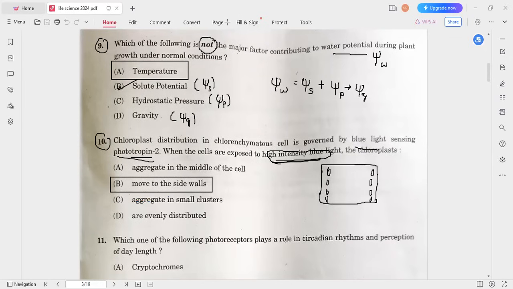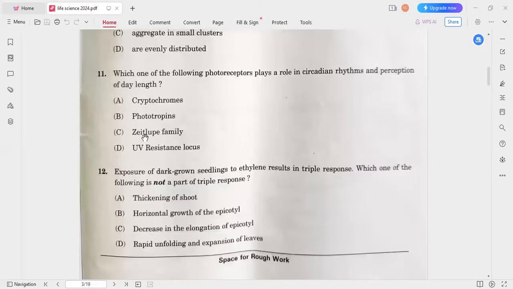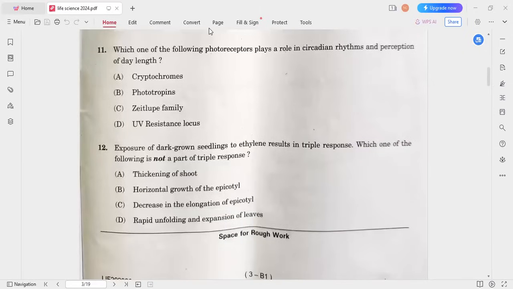Okay, so now move on to the next question, question number 11. Which one of the following photoreceptors plays a role in circadian rhythms and perception of daylight? The answer, based on circadian rhythms and perception of daylight, is option A, cryptochromes.